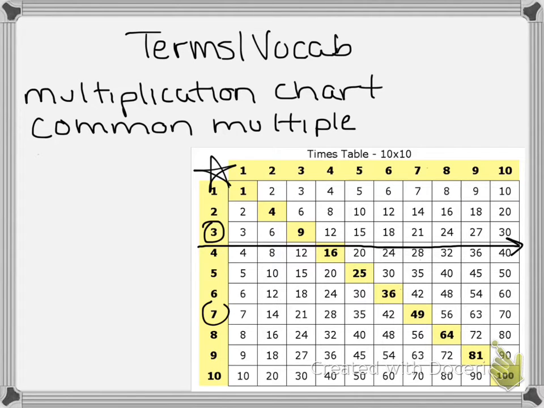Next, I'm going to look at my 7 row, and I'm going to start looking across, only this time I'm going to be specifically looking for numbers that 3 and 7 share. So I'm going to start going, and pretty soon I notice that they both have a 21. So this lets me know that 3 and 7 have 21 as a common multiple.